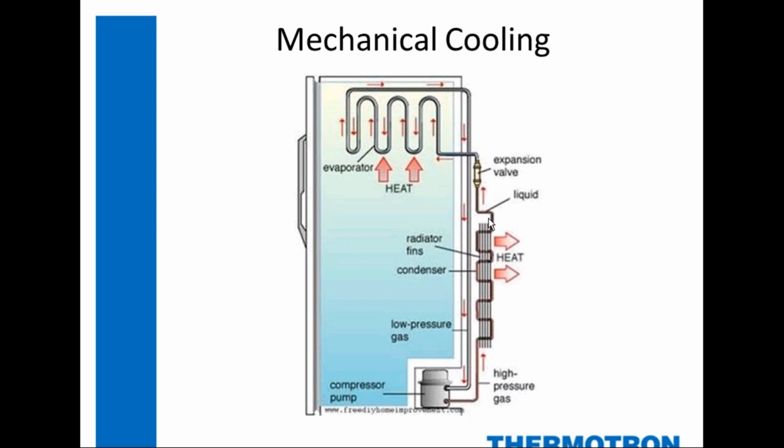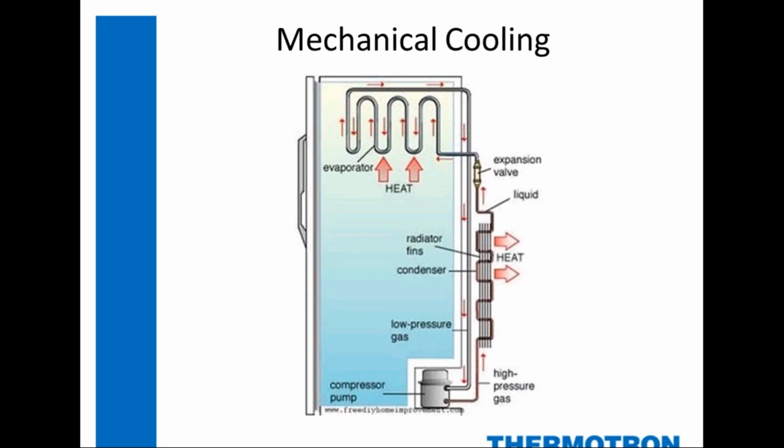And as that cools down, it'll turn into a liquid, passes through an expansion valve, which causes that liquid to expand. And as it expands inside of the workspace or inside of the refrigerator, it absorbs all of that heat in there and causes that space to cool down.